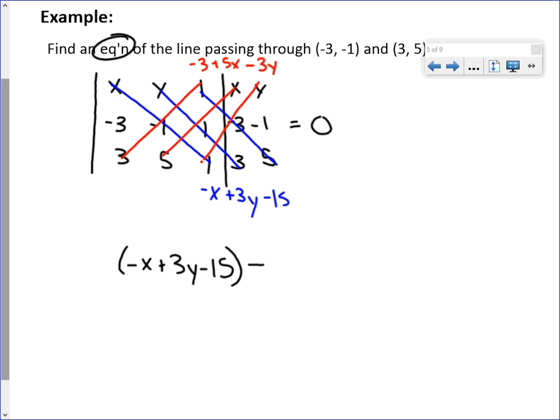So I'm going to put it in a group of parentheses to protect them: negative 3 plus 5x minus 3y, and that equals 0.